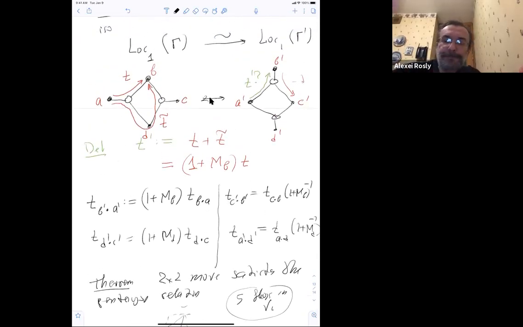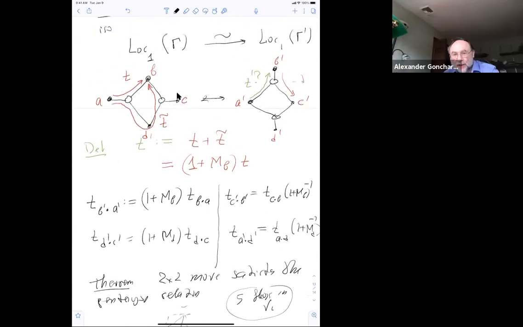You take this picture and this picture, and these 2 pictures describe the same object. They describe your configuration of 4 lines in 2-dimensional non-commutative space, but in a different way. So if you find how these 2 descriptions are related, by definition it is going to be self-dual, and it will by definition satisfy the pentagon relation.